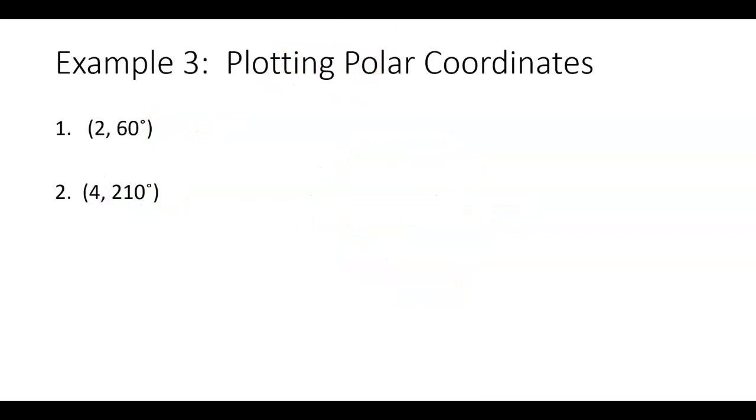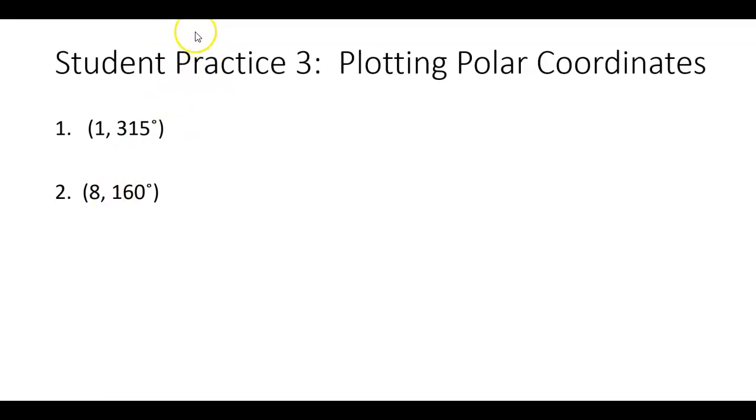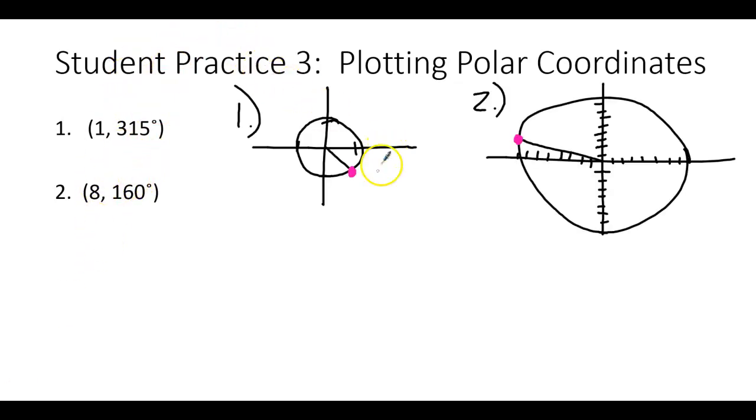All right, let's go ahead and let you guys see if you can find where these points would be. Go ahead and pause the video and graph these 2 points, and when you unpause it, you'll see the solutions. All right, so for number 1, your dot should have been down here in the 4th quadrant in the middle, 1 space away from the origin at 315 degrees.